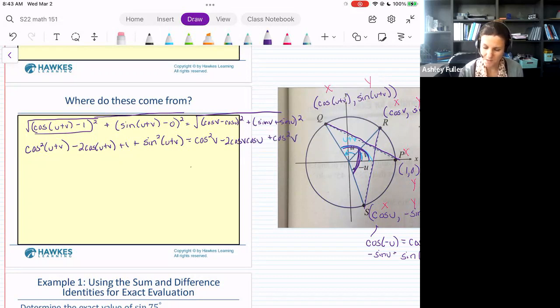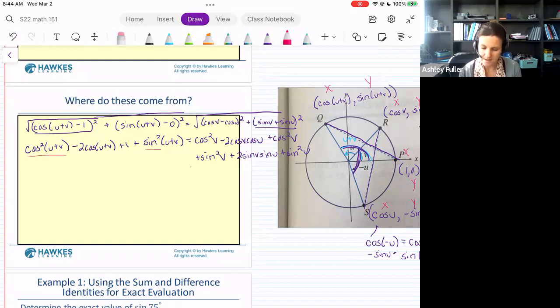And then I'm going to do the next part below here. Plus, we have the sine squared of v plus 2 sine of v sine of u plus sine squared of u. Remember from your identities that we know that sine squared plus cosine squared equals 1.